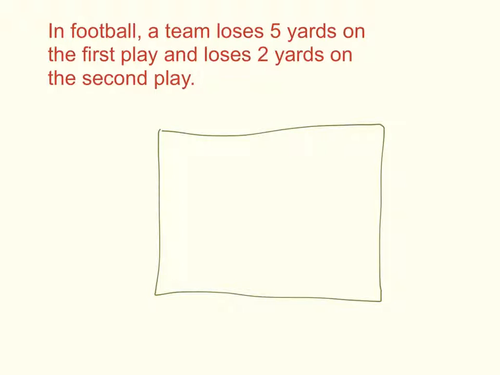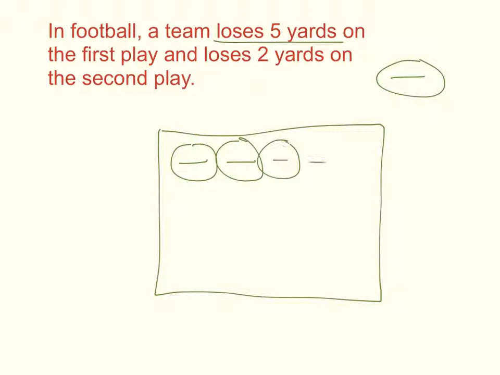Another way we can look at it is using negative counters to explain our scenario, since in this real-life example, we're only looking at negative numbers. So a negative counter looks like this. In the first example, the team loses 5 yards, so you're going to draw 5 of these negative counters in your square.